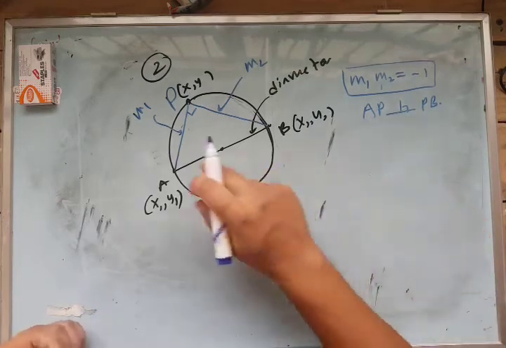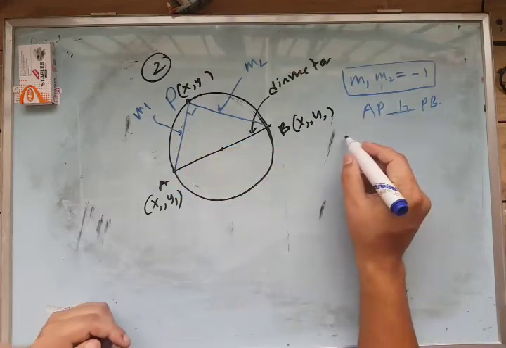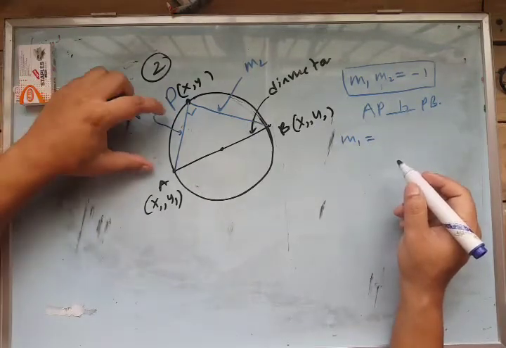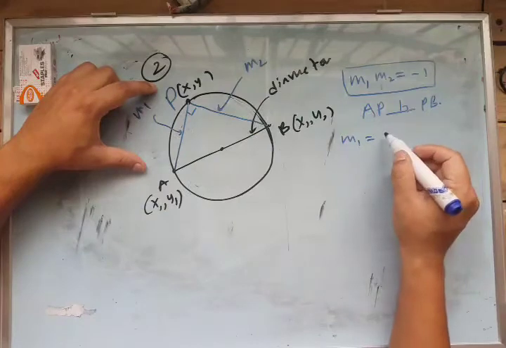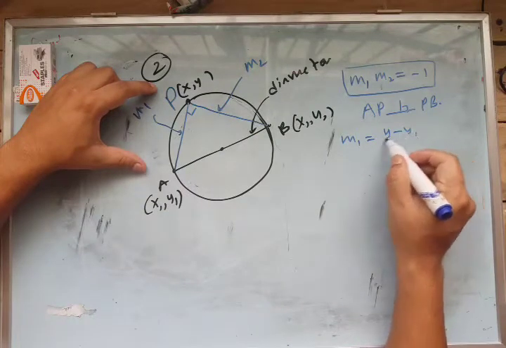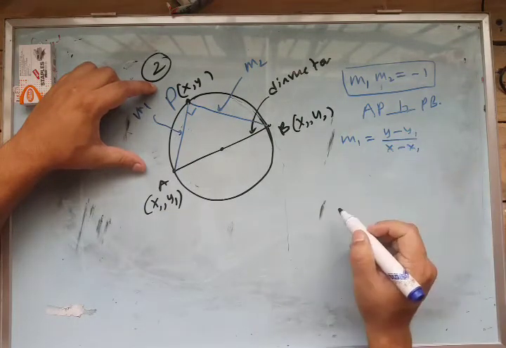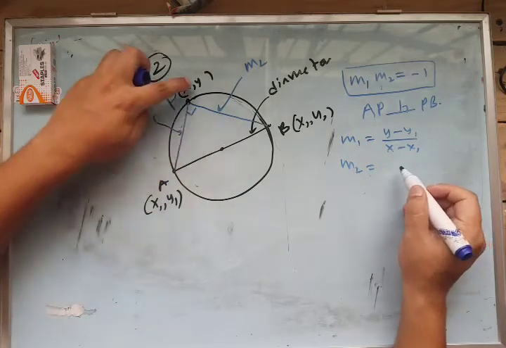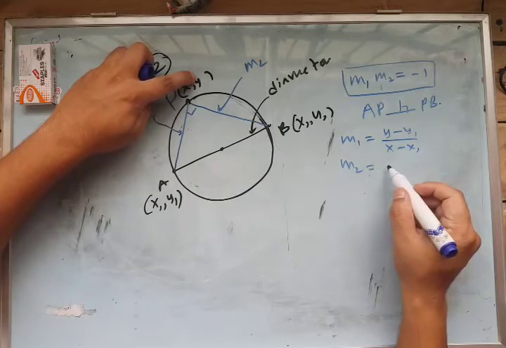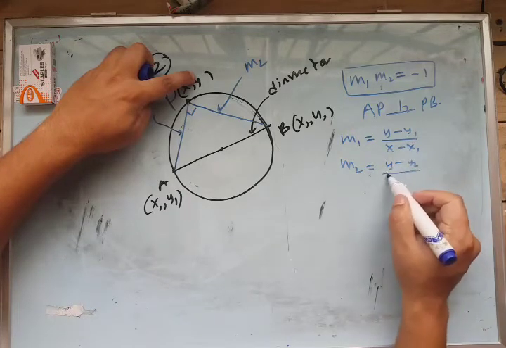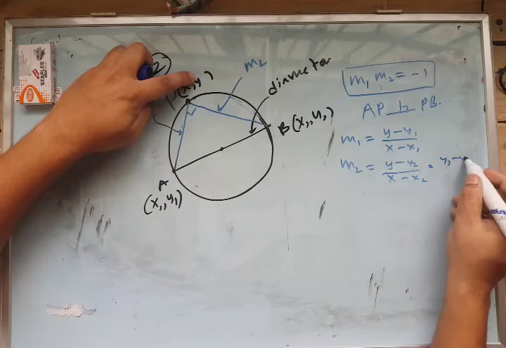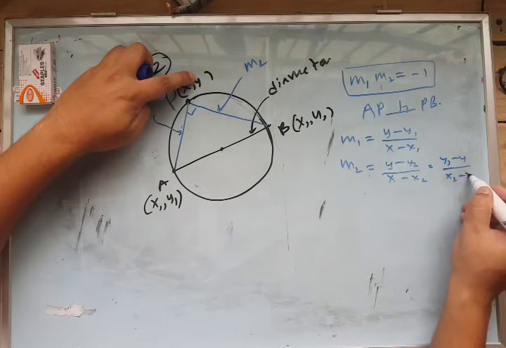Now how do you get the gradient m1? m1 is y minus y1 divided by x minus x1, and m2 is y minus y2 divided by x minus x2. It doesn't matter, this is also equal to y2 minus y over x2 minus x.